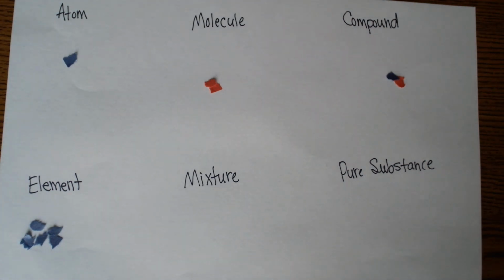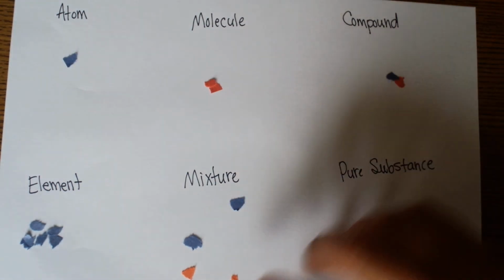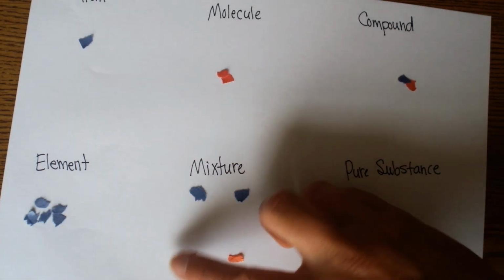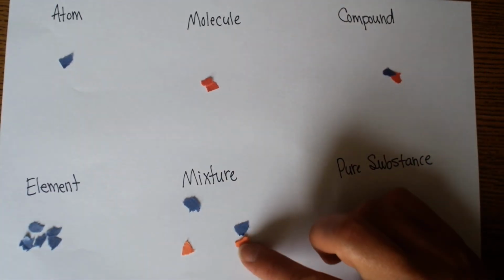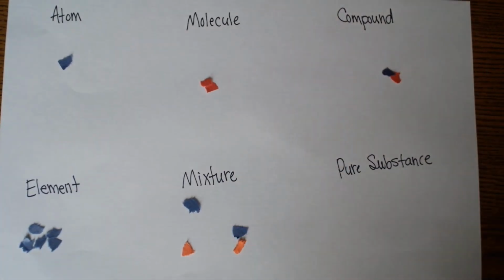So what's a mixture? Maybe blue and red. Okay. It could be a lot, yeah. We could even have blue and red, and then a blue and red stuck together. Maybe even a little bit more of the blue, or a little bit more of the red.